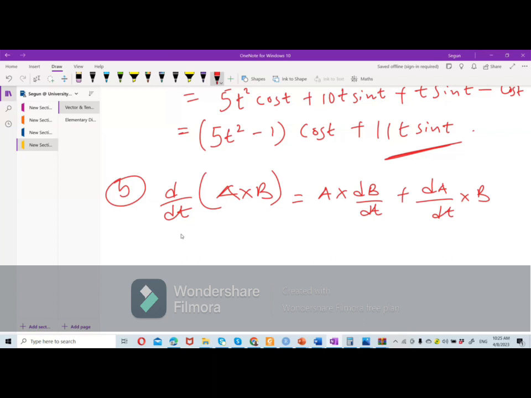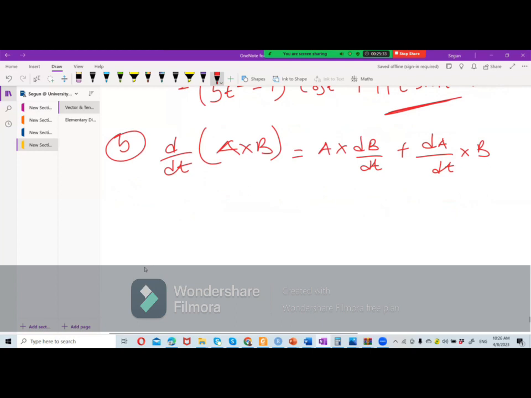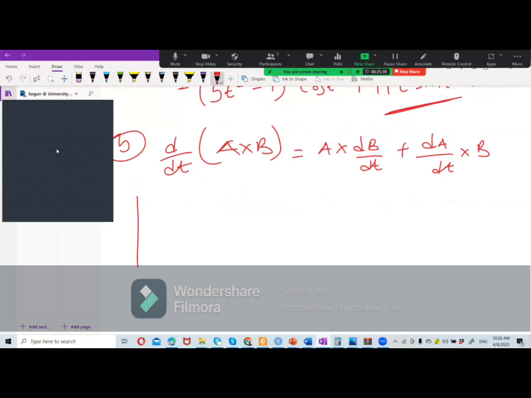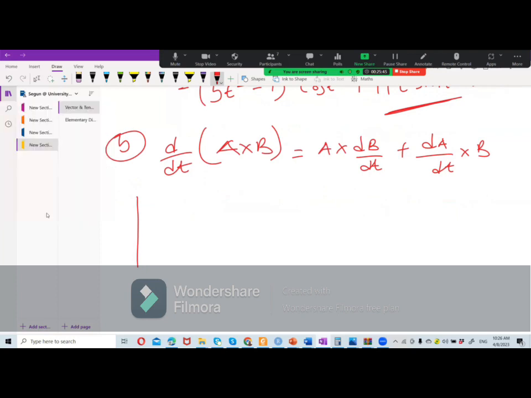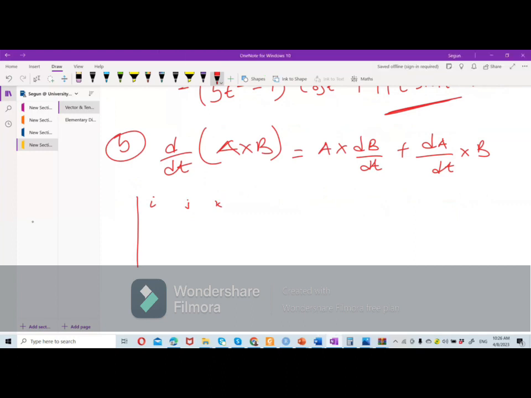Let's first of all solve A. We have I, J, K. So what is A? Somebody should read it for us. We have 5t squared, t, and negative t raised to power 3.